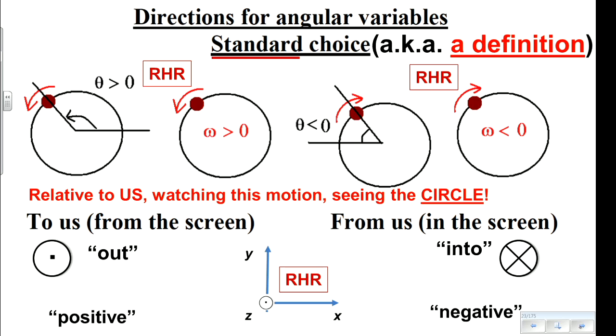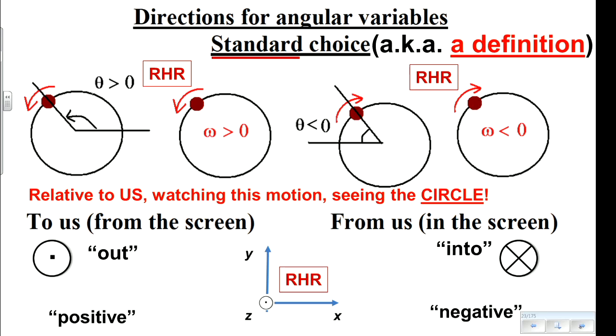If you curl your fingers in the direction of the motion, the thumb shows the direction of that angular vector, and that direction is positive relative to the axis for the counterclockwise motion.